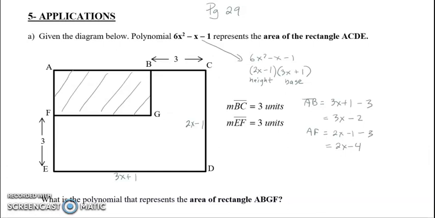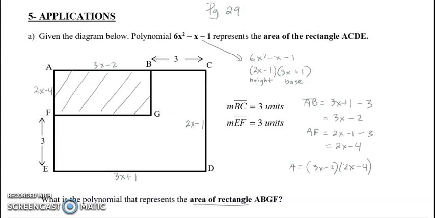And so what does that tell us? Well, the length of AB is 3x minus 2, and the length of AF is 2x minus 4. So we can now find an expression for the area of that rectangle. Area equals 3x minus 2 times 2x minus 4.